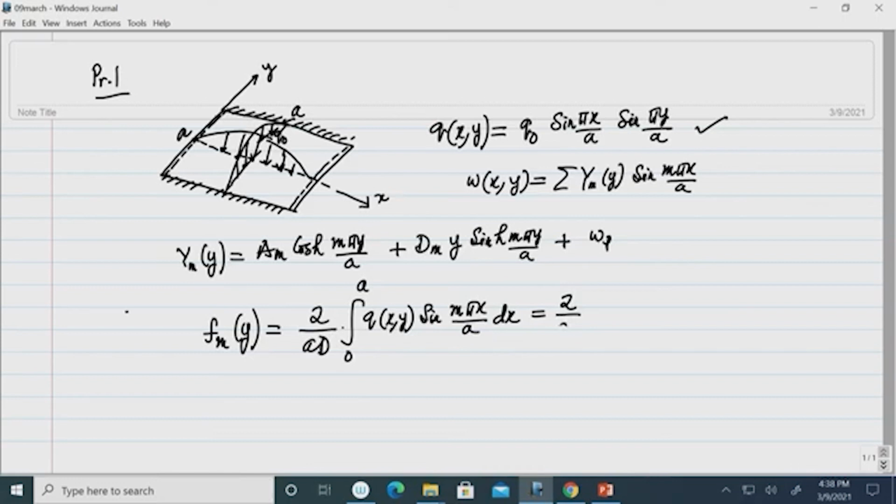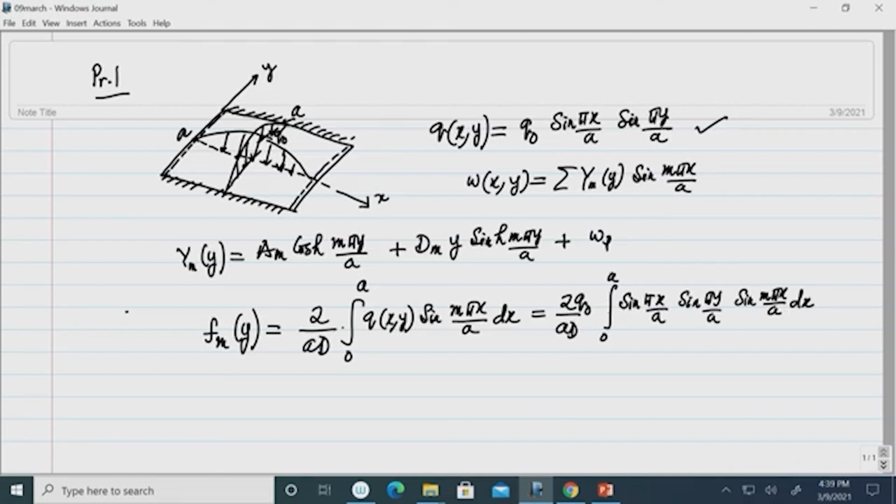So, twice a D, the amplitude of the loading is q naught, which I have taken as a constant outside the integral sign. So, inside the integral we have this function. Now, this integral can be easily carried out, because this is a function of x, so only the integration with respect to x is meaningful. So, sin(pi y by a) will appear as a constant.